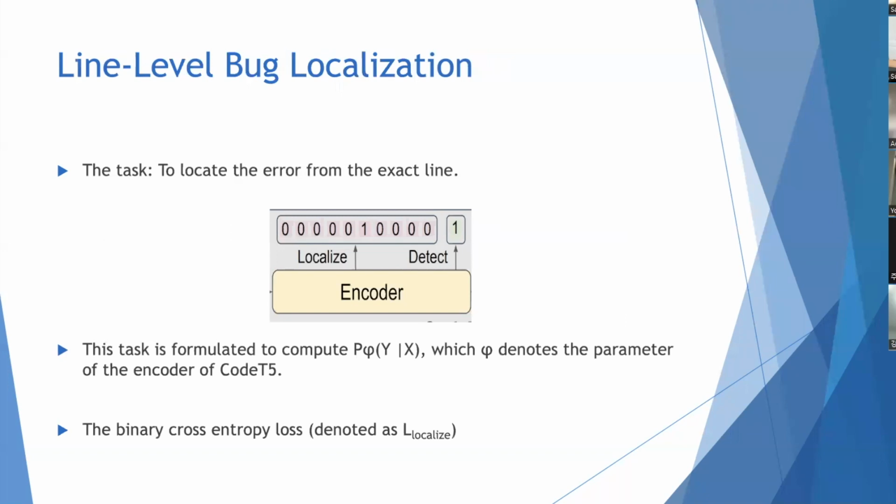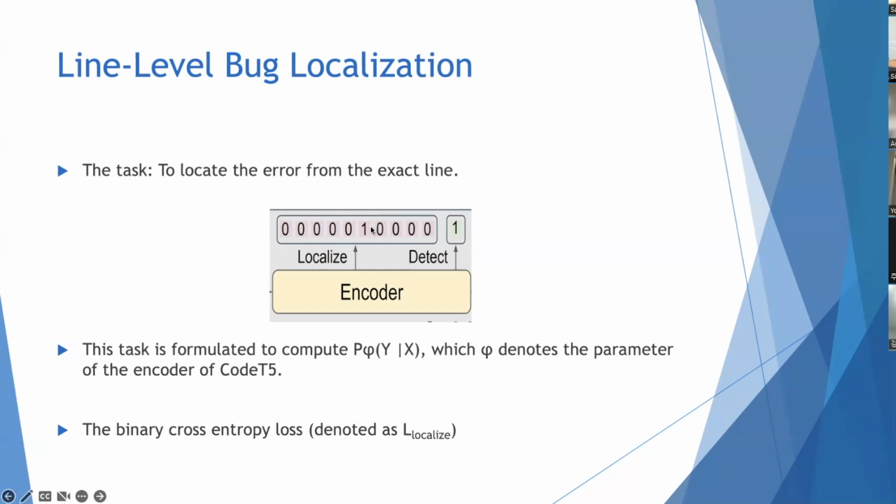The second one is line-level bug localization. The task is to locate the error to the exact line if the function is labeled as buggy. So in the encoder part, it checks each and every line and gives a binary classification label again. If the binary label is 0, then there is no bug in the specific line, and if there is an error, then it gives a label of 1 to the given line, and hence we can detect which line is erroneous.